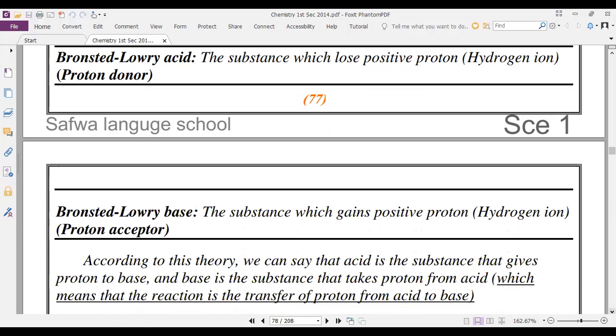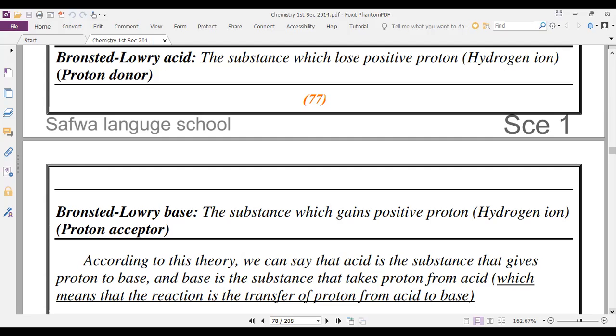What about the Bronsted-Lowry base? The substance which gains positive hydrogen ion is called the proton acceptor. So it doesn't depend on the presence of hydrogen ions or hydroxide ions, as Arrhenius said, but on whether the proton is donated or accepted. A proton donor is called the Bronsted-Lowry acid. But a proton acceptor is called what?